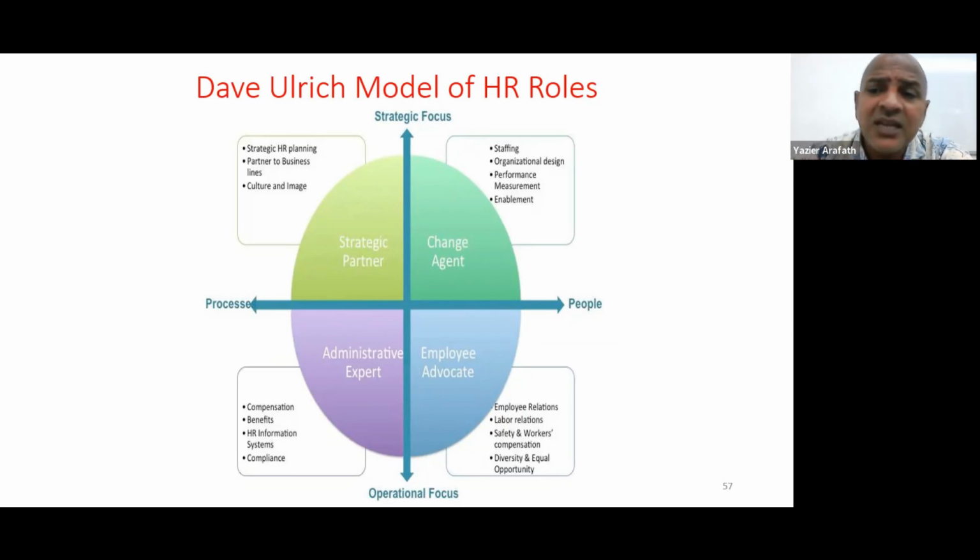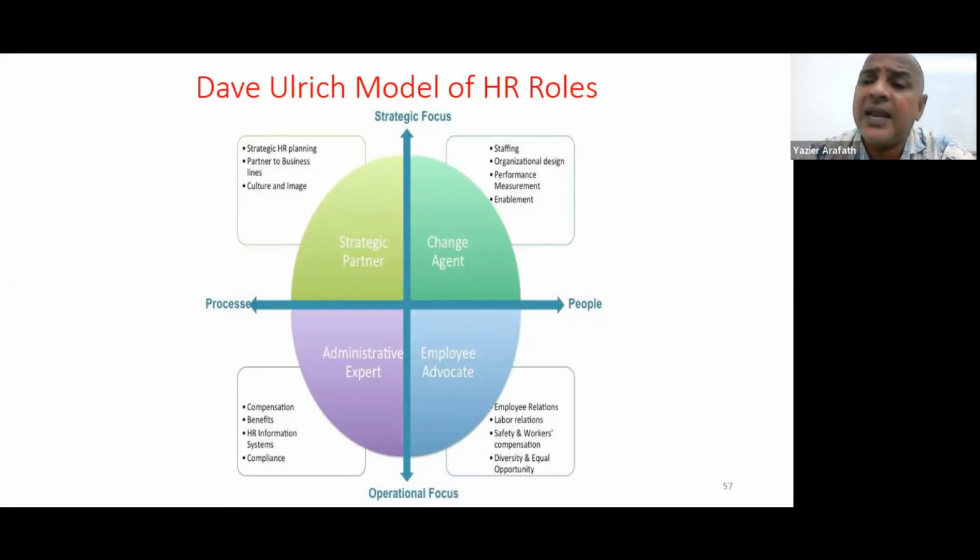On the administrative side, he has to set up the process connected with the administrative functions of HR, like the administration connected with the HR system, compliances, compensation and benefits, which are administrative areas.